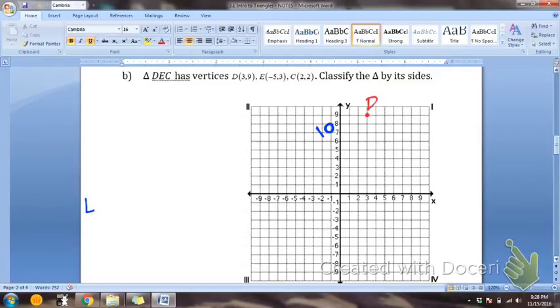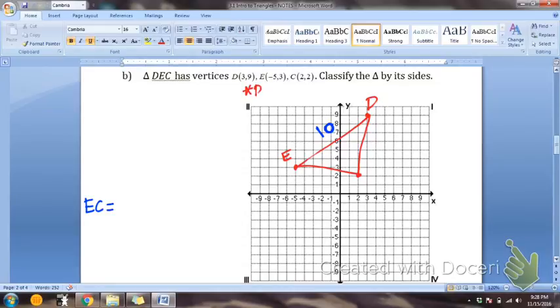Okay, for the sake of time, I'm going to go ahead and solve the rest of it out for us. This means I need to be doing the distance formula 3 times. If I have 3 sides, then I need to do the distance formula 3 times. Okay? So let's go ahead and write out what EC is, and let's write out what DC is.